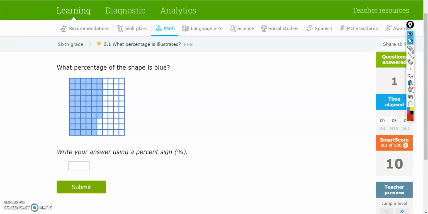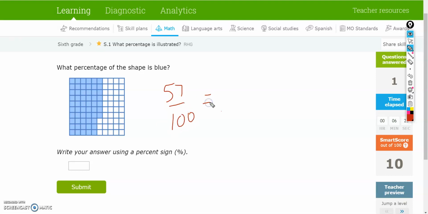Okay, this one, I am going to count 10, 20, 30, 40, 50, 51, 52, 53, 54, 55, 56, 57. So that's 57 hundredths. Now you won't need to do all of this work.